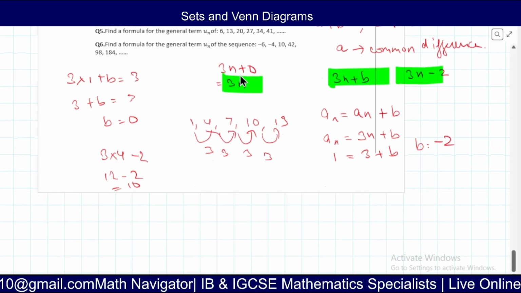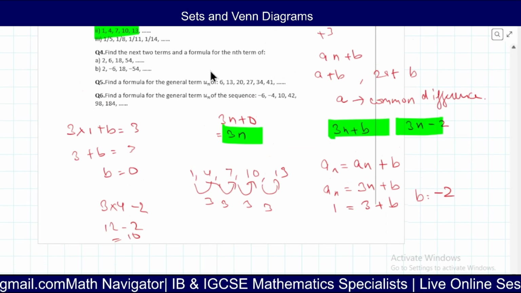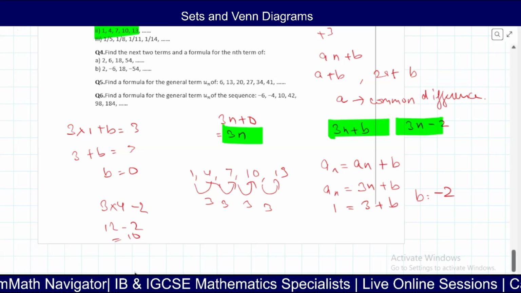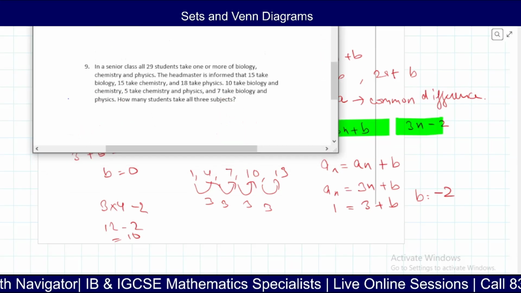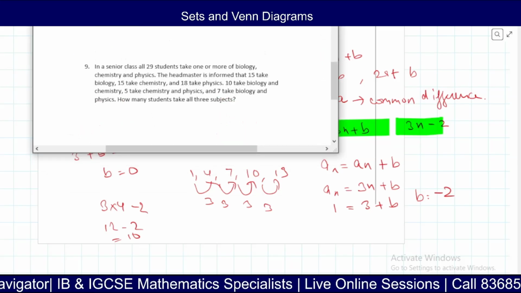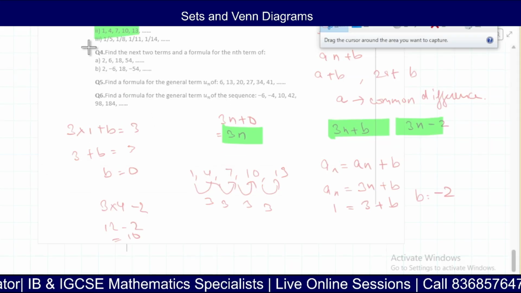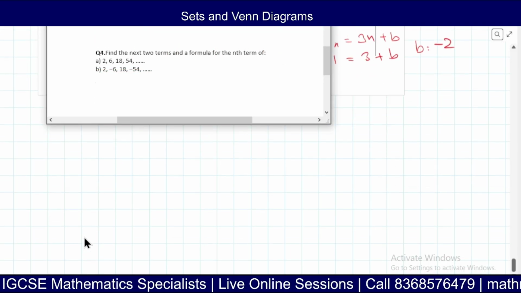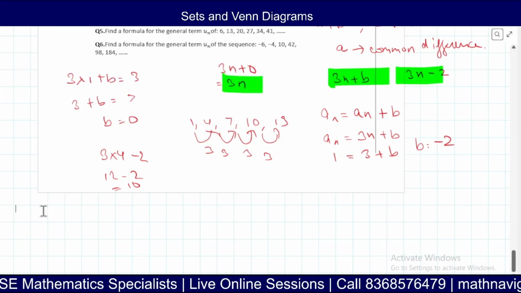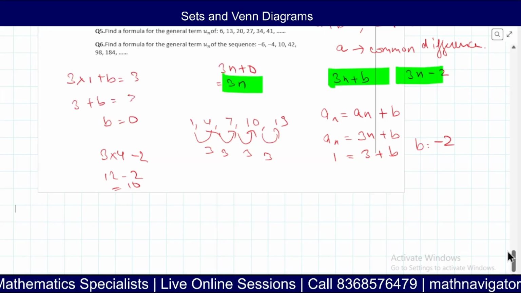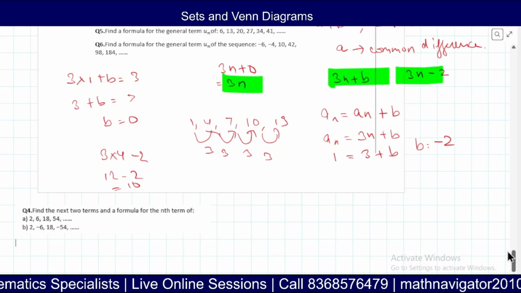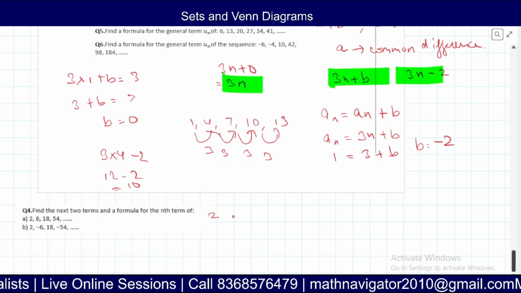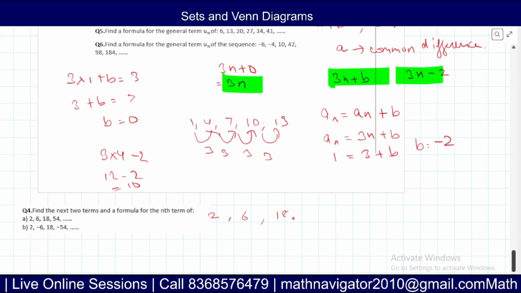Same way, we can do question 4. Let's do it. In part A, we have 2, 6, 18, 54.